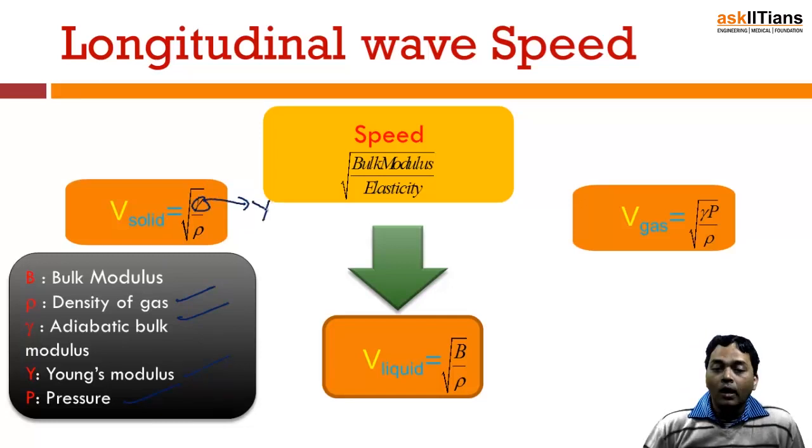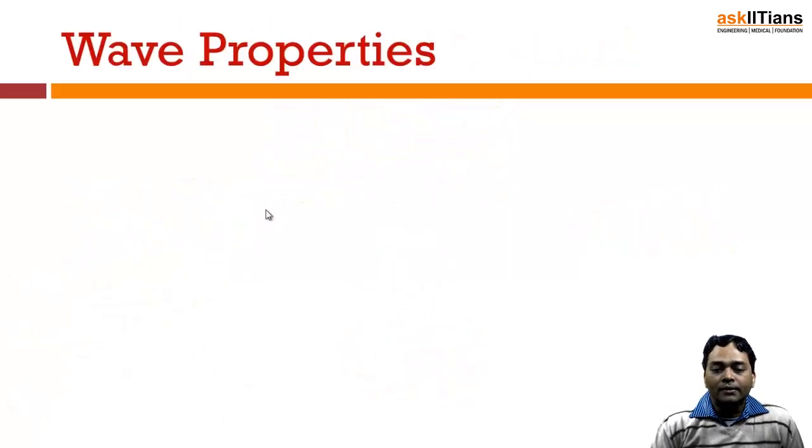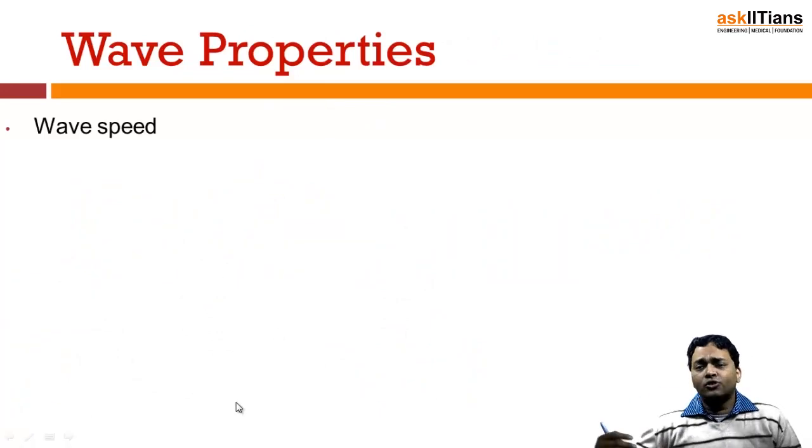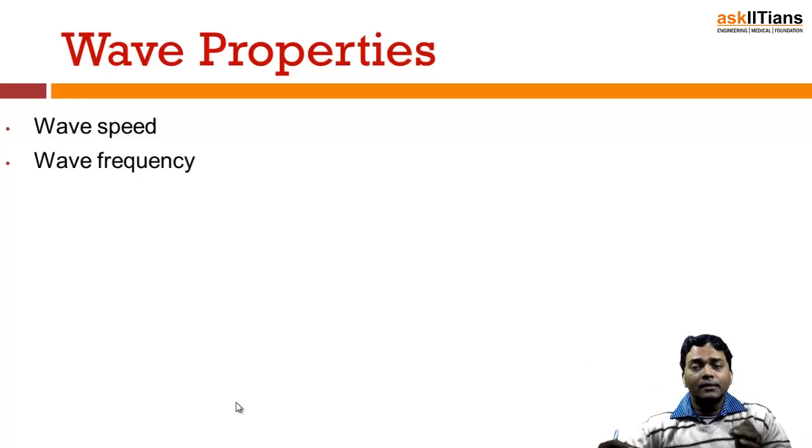Okay, let's move on and try to understand the properties. When the wave is moving from a point, there is going to be a speed associated with it. Also, when the wave is moving, after a certain interval of time it's going to be repeating itself.